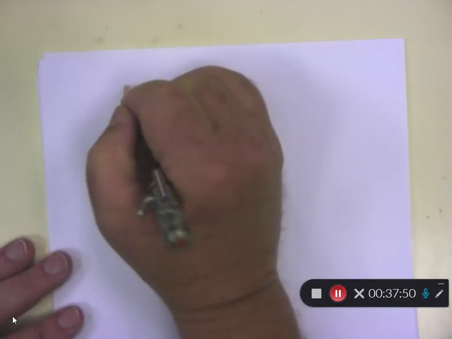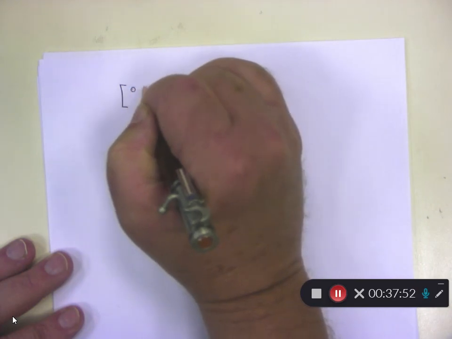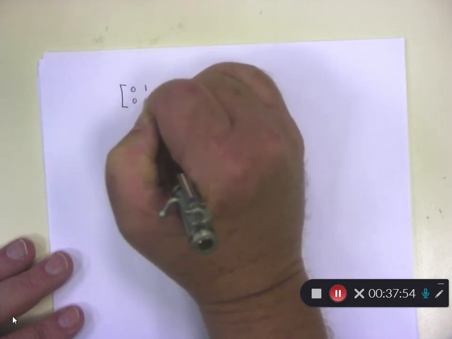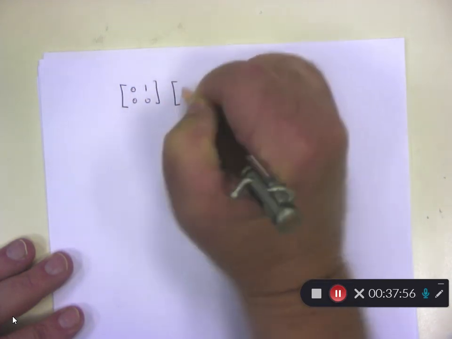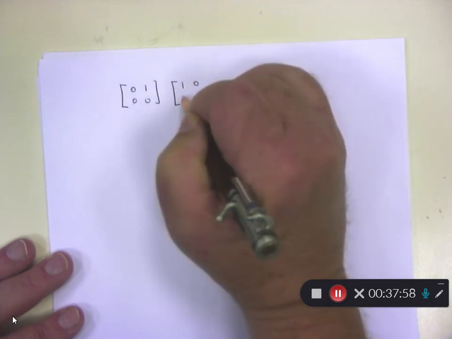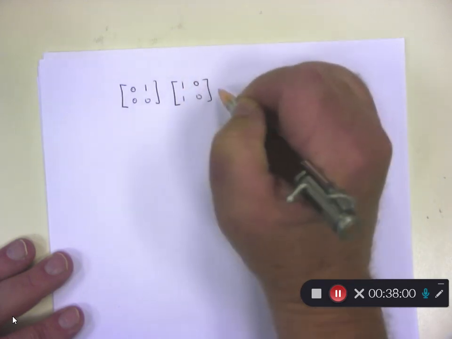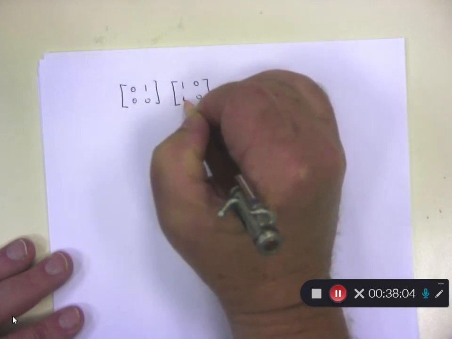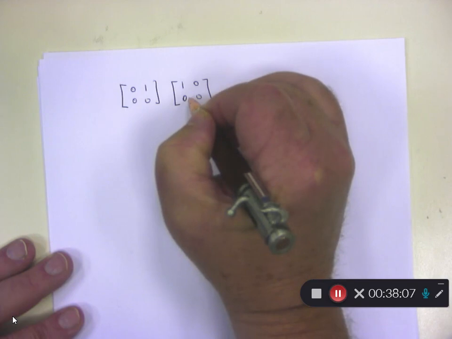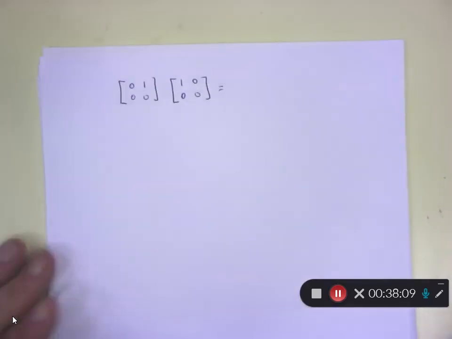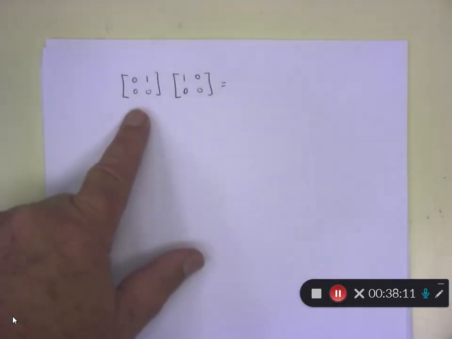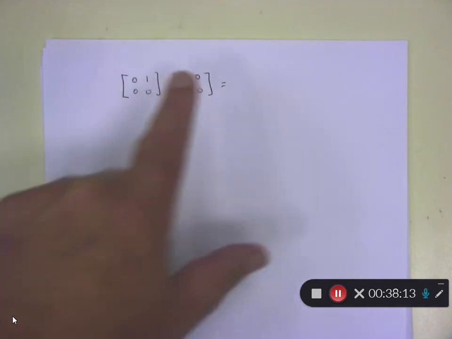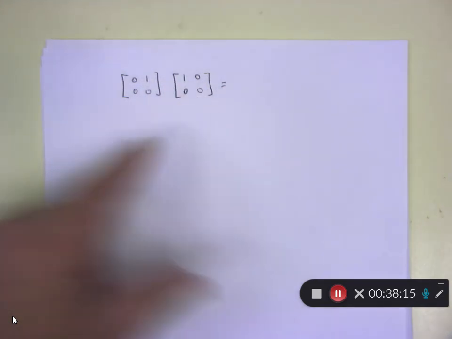I can make them more elaborate, but it caught me off guard here. 1, 0, 0, 0 multiplied by 1, 0, 1, 0. Let's see, it's got to be a 0 there. Is this the zero matrix? No. Is that the zero matrix? No. All right, let's multiply.